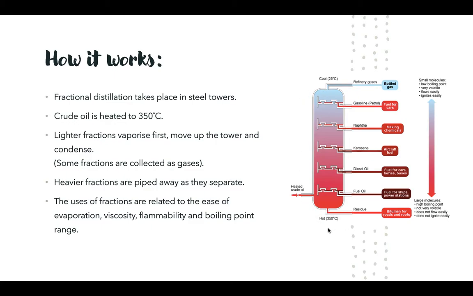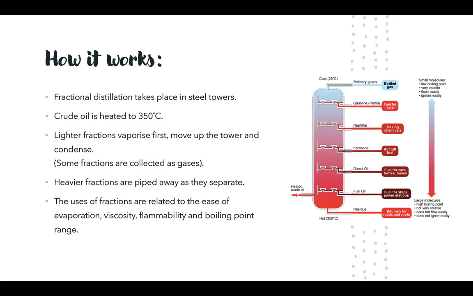So at the bottom it's around 350 degrees, and at the top it's 25. So our lighter fractions, the ones with the lower boiling points, will become gases first and slowly move up the tower until it becomes cold enough for them to condense, to go from a gas to a liquid and be collected through these different pipes.